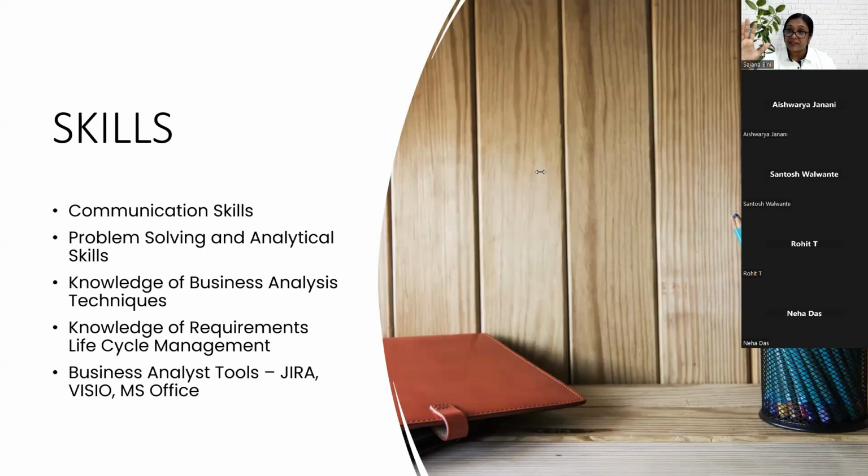If you are a person coming from any other role, obviously you will have skill number 1 and 2. So the good news for you is you can easily acquire skill number 3, 4, and 5 because they are learnable skills. Everybody type learnable in the chat box. They are learnable skills.